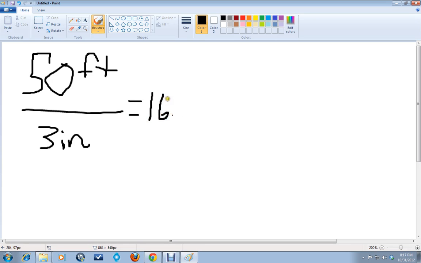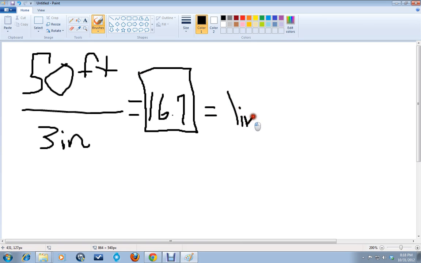Really you'd get a number like 16.6666667, but you can just go ahead and round that. So now this is the main number that you have. So 1 inch is 16.7 feet. Just put that down.